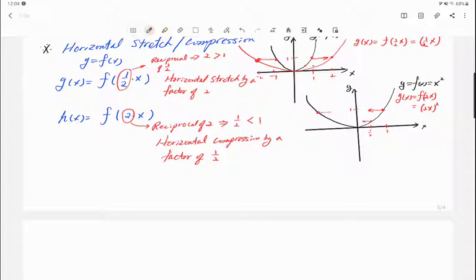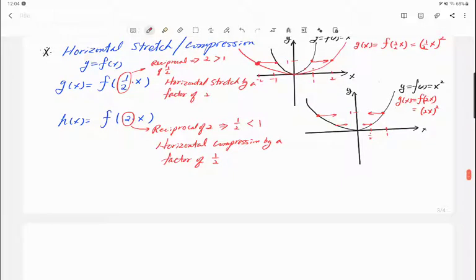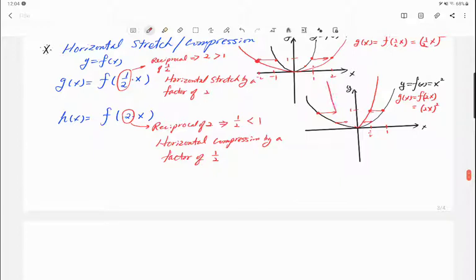Even this point moves half. So the new graph becomes narrow, like this. Can you see it? So when we change the variable x, always think the reverse way. Think the opposite way.